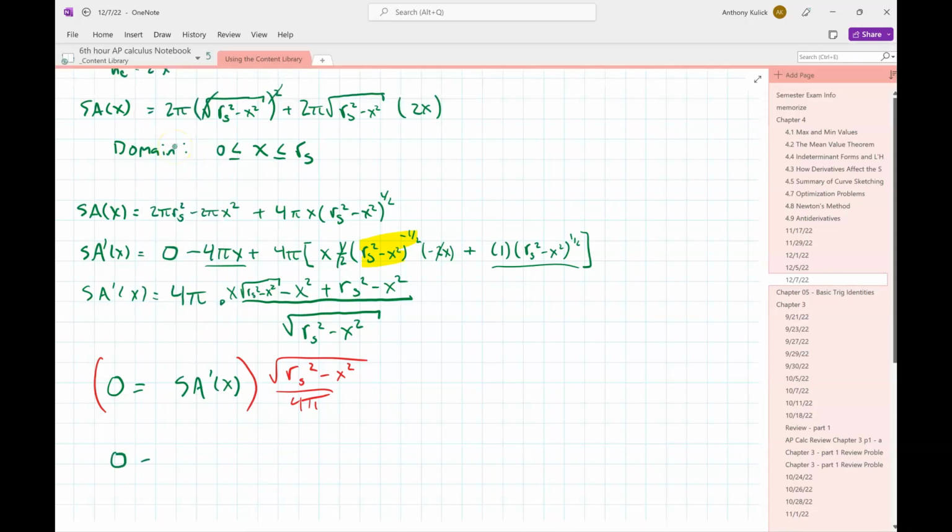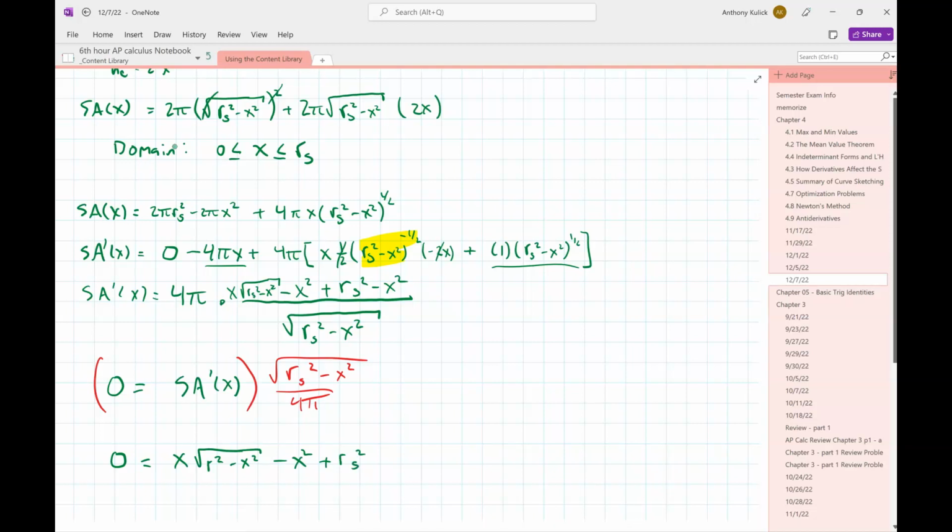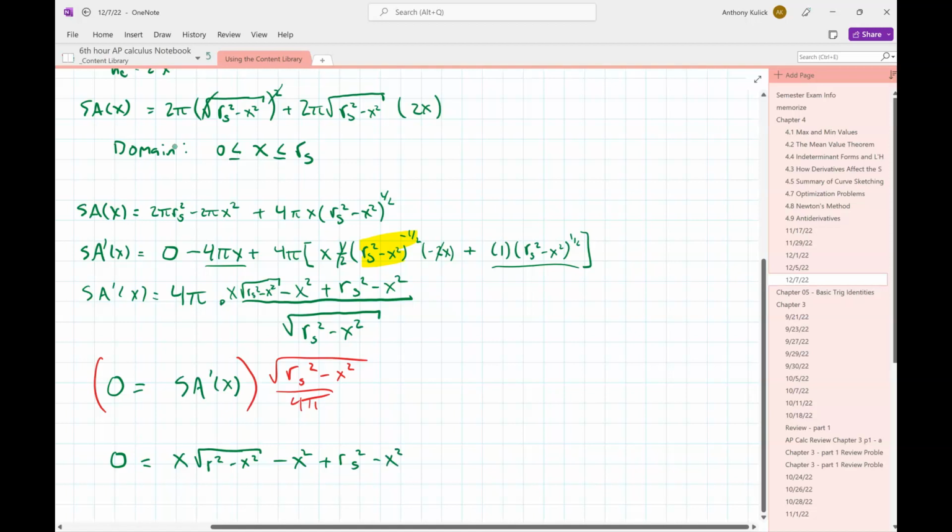It's going to give me 0 equals well, I might as well write that as 2.